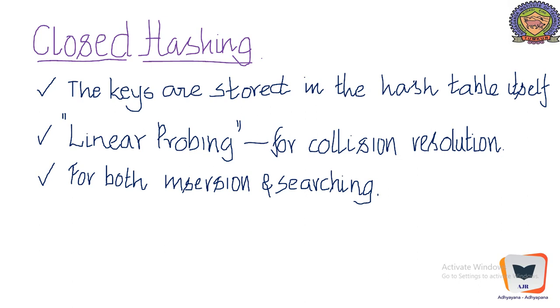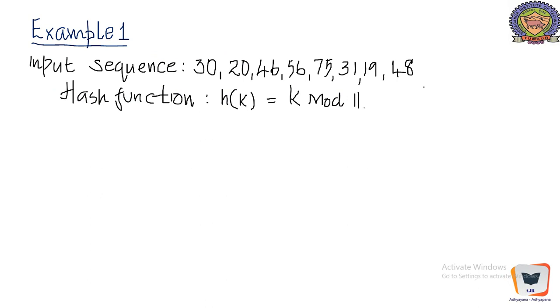If they are equal, we have found the matching key. If they are not, we continue comparing until we find either a matching key, a successful search, or an empty cell, an unsuccessful search. This is how it happens. And of course there are other intricacies to be discussed. We will reinforce our understanding of closed hashing with examples.